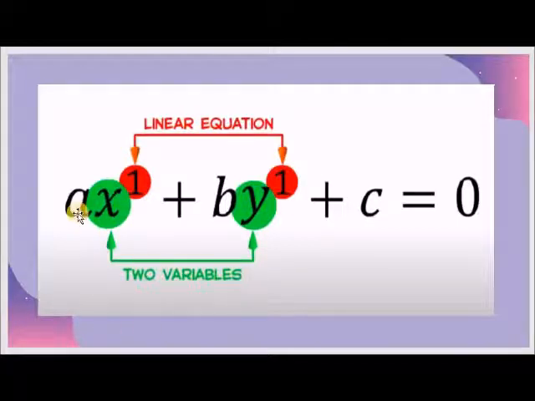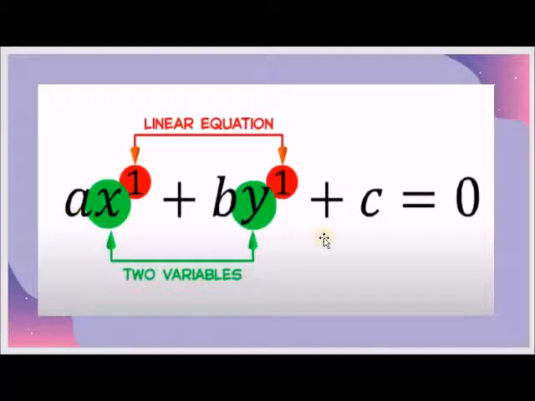Here a and b should not be equal to 0, because if suppose a is 0, then this equation is a linear equation in one variable only, and if b is 0, then also this equation is a linear equation in one variable only. That's why a and b should not be equal to 0.